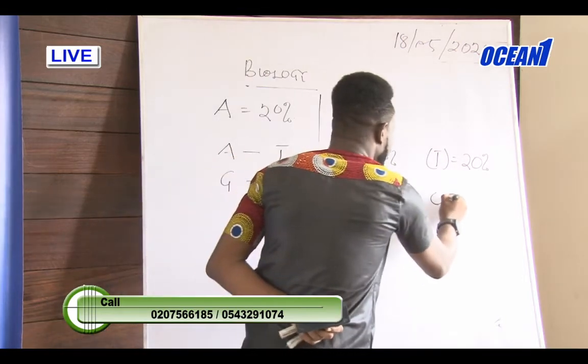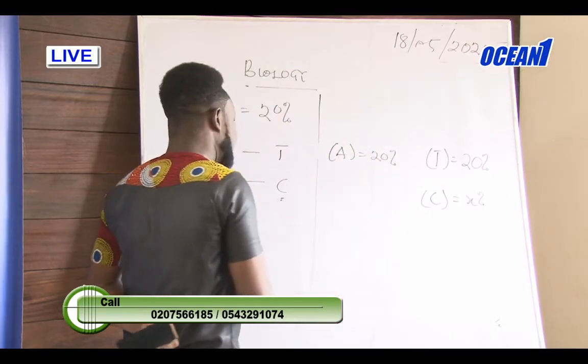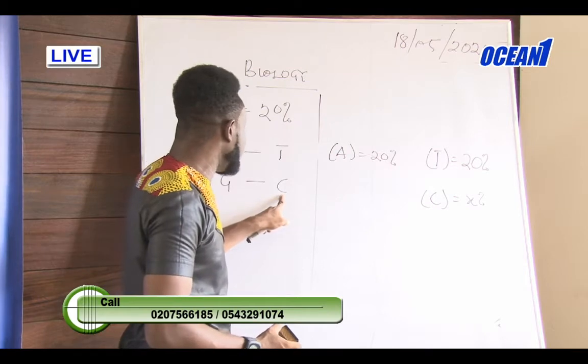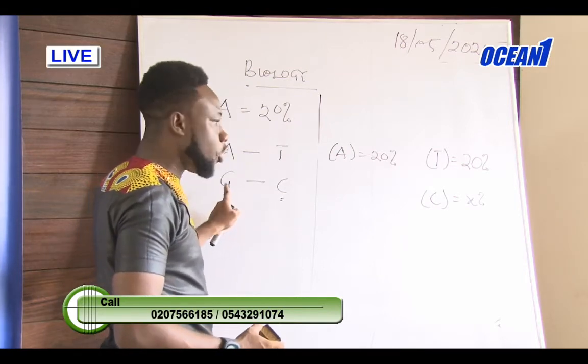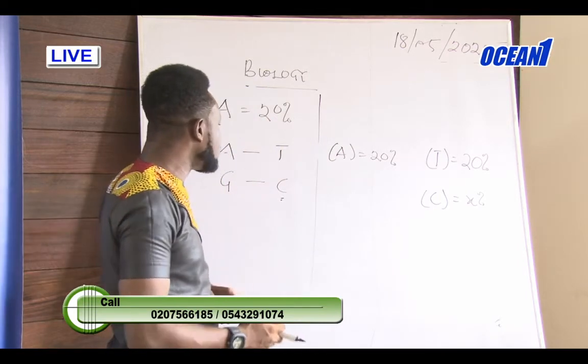So we can say that the amount of cytosine equals X%. But based on the second rule, the amount of cytosine equals the amount of guanine.